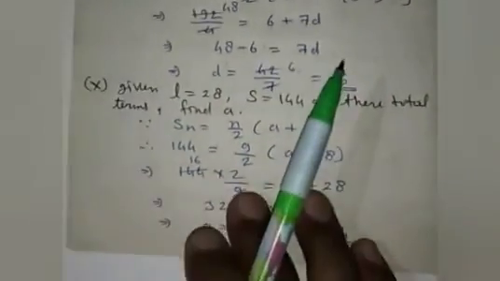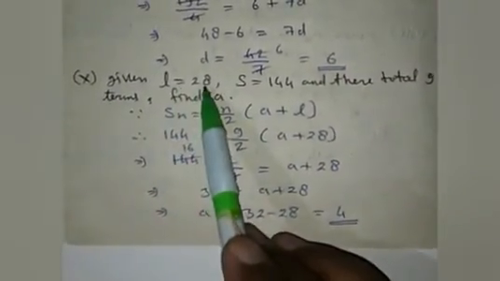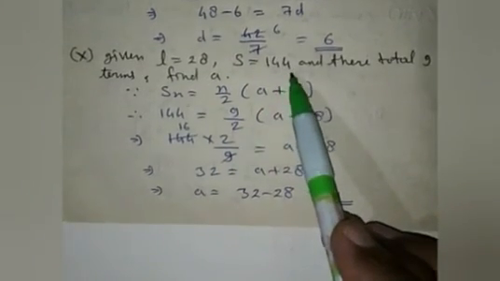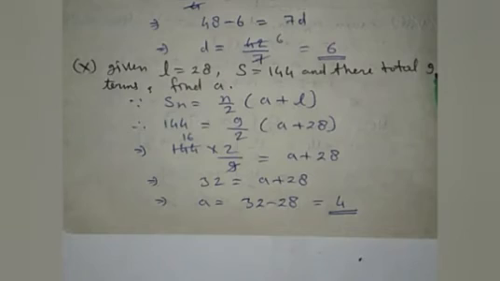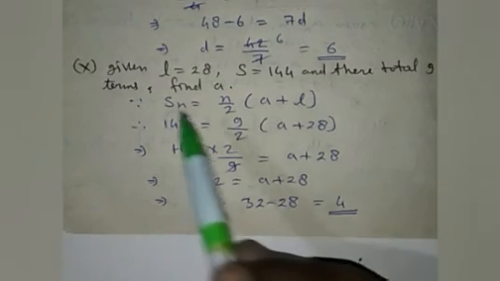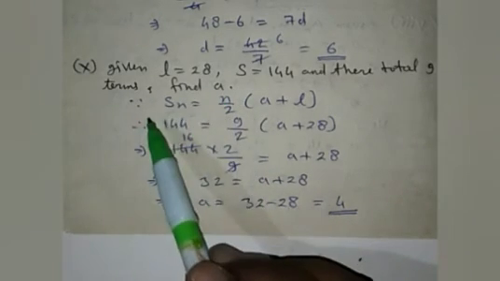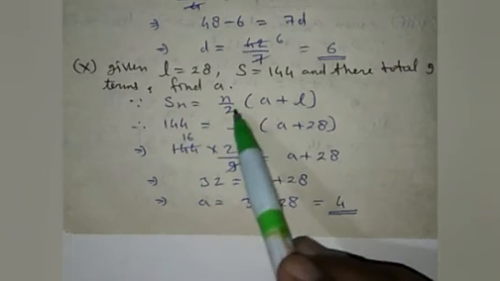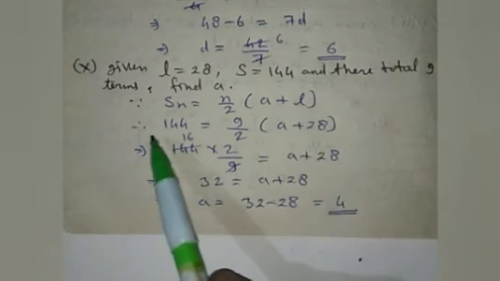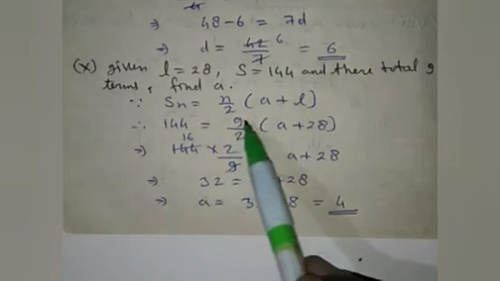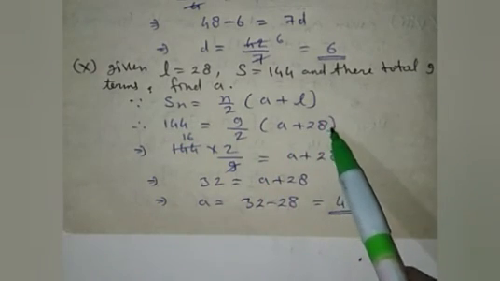Now in the 10th part, given L equal to 28, Sn equal to 144, and there are a total of 9 terms. Find a. Now using Sn equal to n by 2 into (a plus L), where L means the last term. So 144 equal to 9 by 2 into (a plus 28).